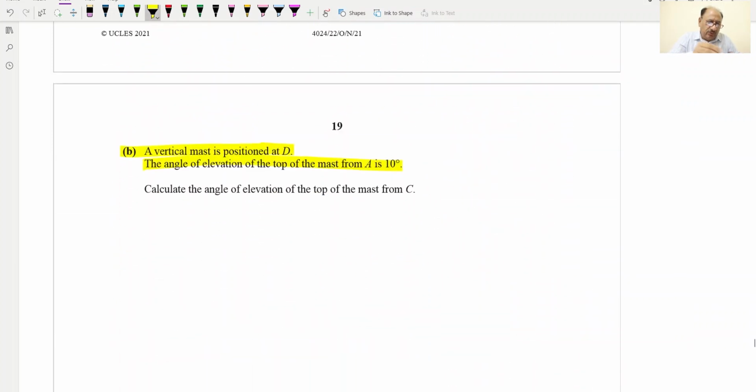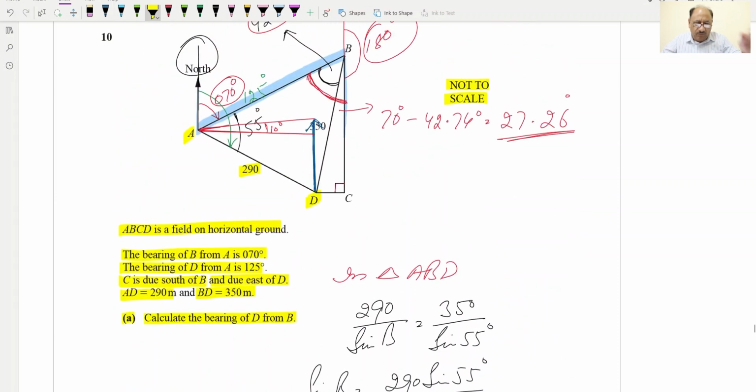Now they are saying calculate the angle of elevation of the top of the mast from C. So the angle to the top of the mast from C is required. Which angle are they looking for? The top of the mast from C will be this, and they are looking for this angle. Now what we can do, we know DC, or we can calculate DC.